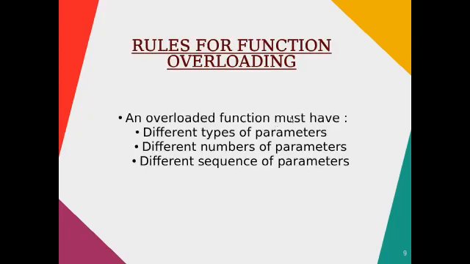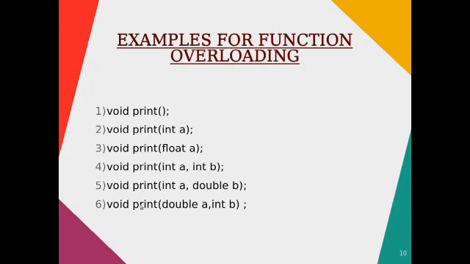An overloaded function must have different types of parameters, different numbers of parameters or a different sequence of parameters. If any two or more functions follow one or more of these three rules, then those functions can be considered overloaded functions. Here are some different 6 cases.